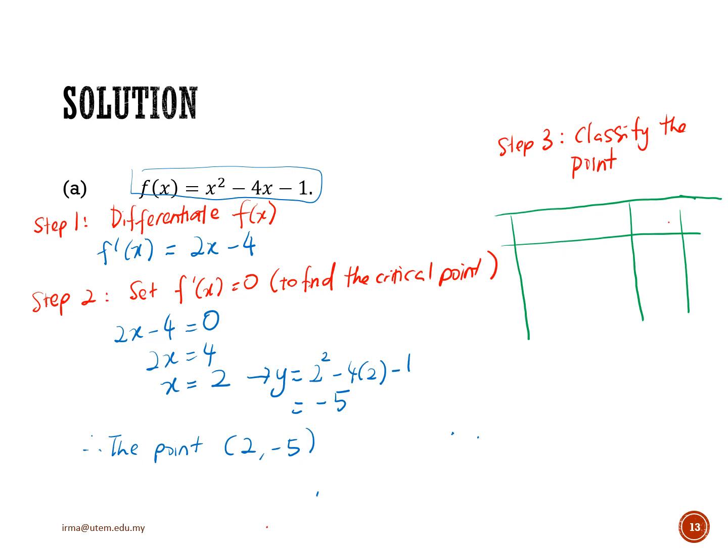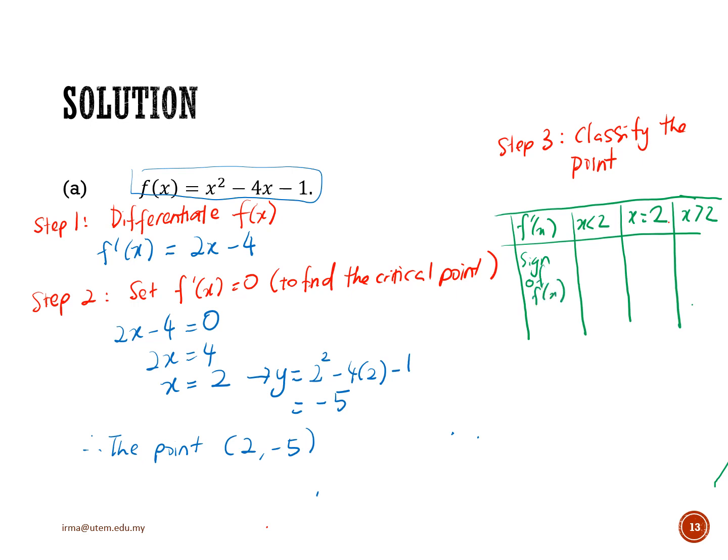Somewhere here, let's have this one, 1, 2, 3. This is f prime. This is our x equal to c, which is equal to 2. And this one we have x greater than 2. This one x less than 2. And this is the sign of f prime x.